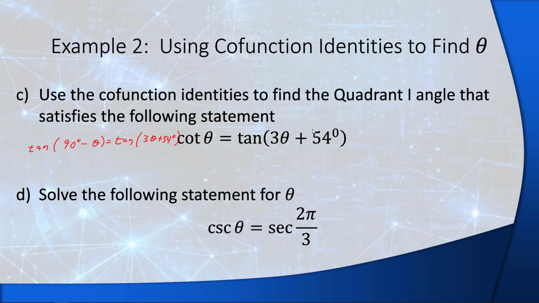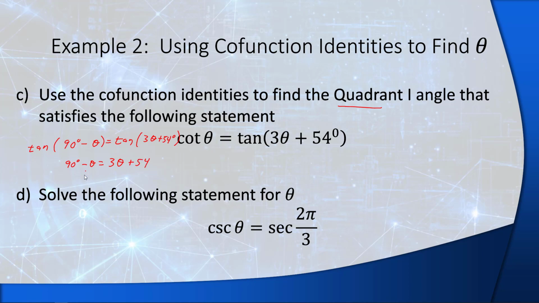Well, it turns out that in quadrant 1, tangent is a 1-to-1 function. As a consequence, for this to be equal, that would require that 90 degrees minus theta is equal to 3 theta plus 54. Okay, so cool.